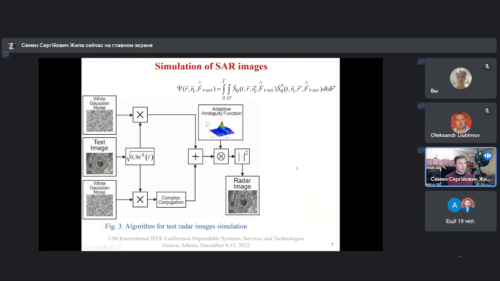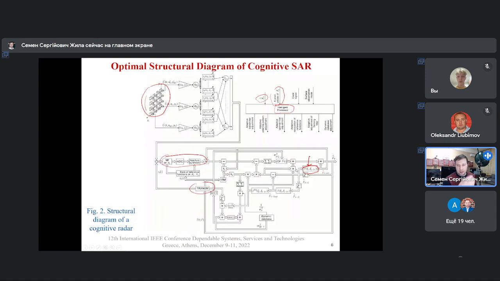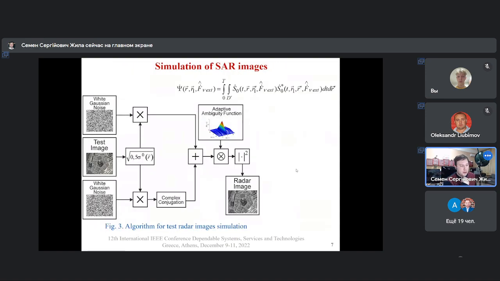And we did some simulation of radar images. We decided to use an approach that already existed. For example, if the scattering coefficient of the surface is small, then there is no need to send a high power signal in that direction, since it doesn't carry information.